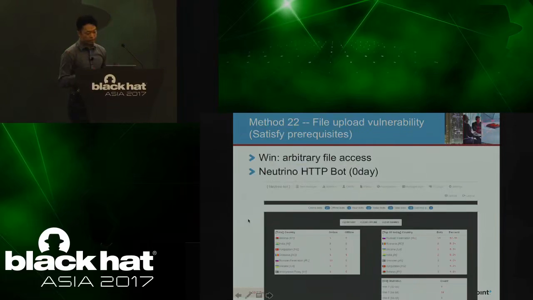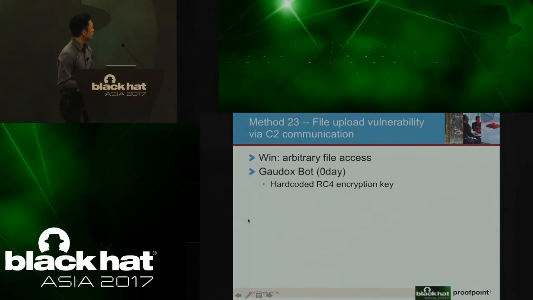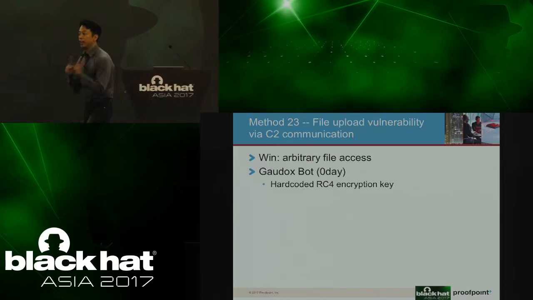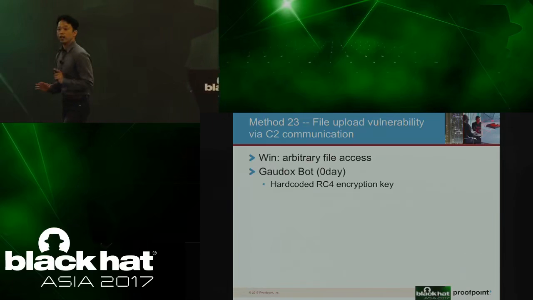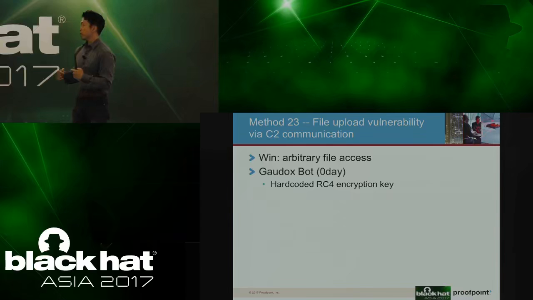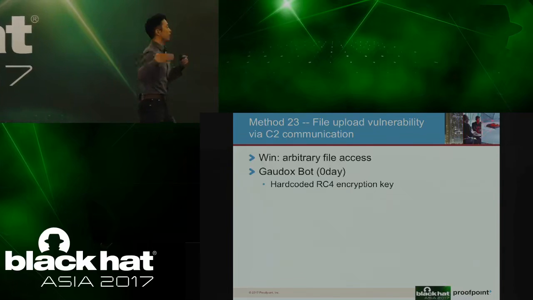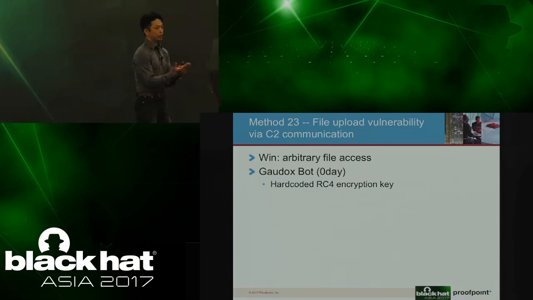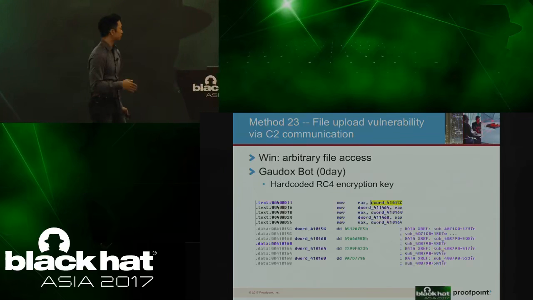Okay, so this is method 22, satisfy prerequisites. We're making good progress. Okay, C2 communications. A lot of times they don't check for anything, but they have a shared key for their communication. Which means if you don't know the shared key, you can't talk to that particular upload mechanism.